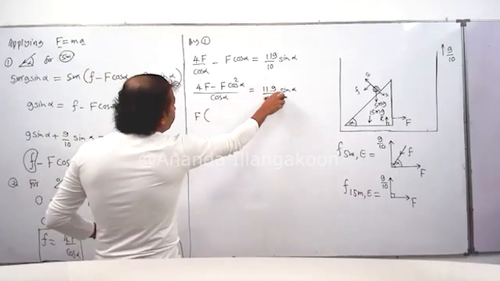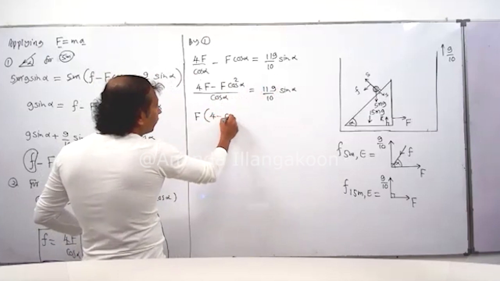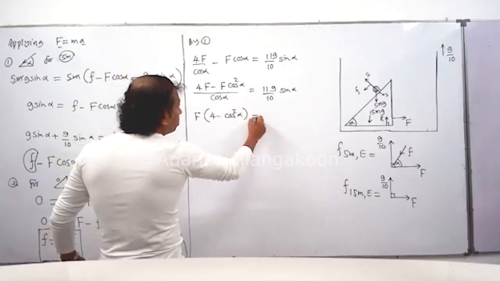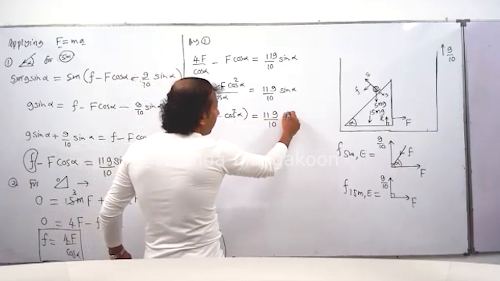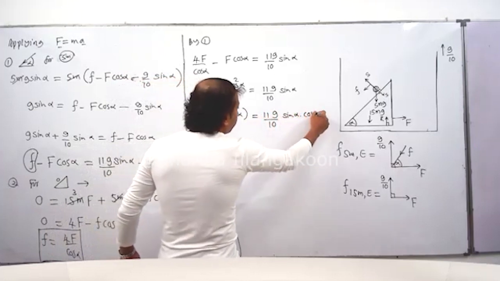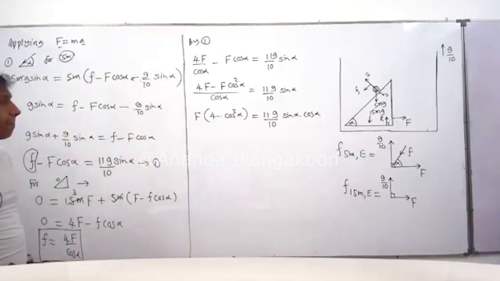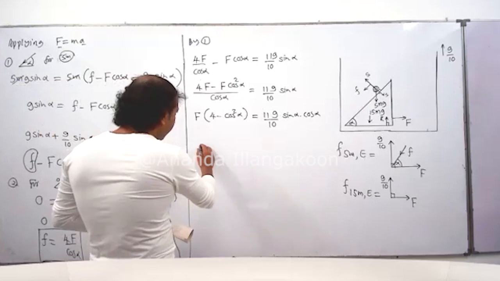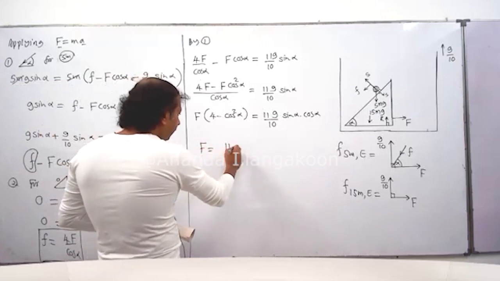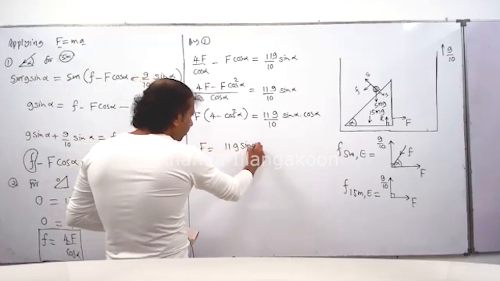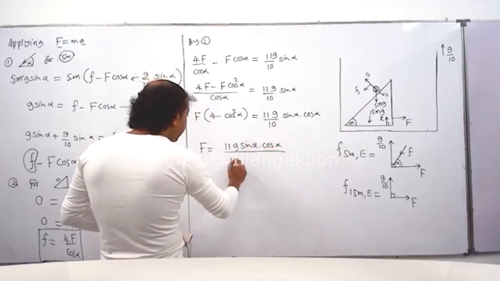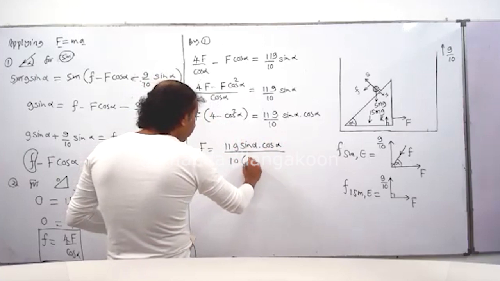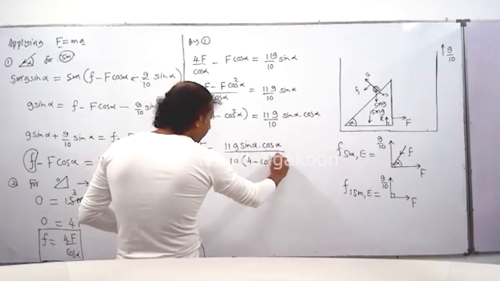Use cross multiplication: 11g by 10 sin alpha times cos alpha. Then capital F can be made the subject by this. Capital F is coming like this: 11g sin alpha cos alpha divided by 10 times 4 minus cos squared alpha.